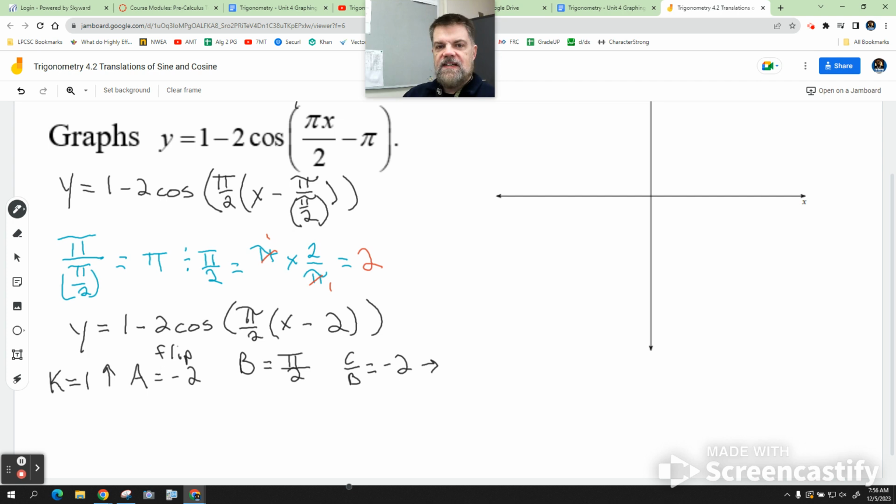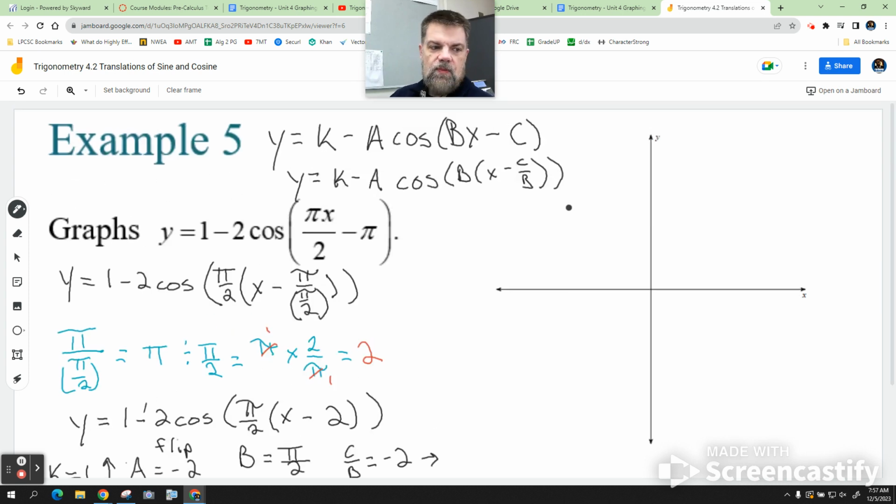Now, when I do this by hand on paper, and maybe I should hook up my document camera and do it by hand, usually I sketch out one transformation at a time, really light with my pencil. Because you're going to do 4 things to transform the parent function, and the last transformation is the actual graph.